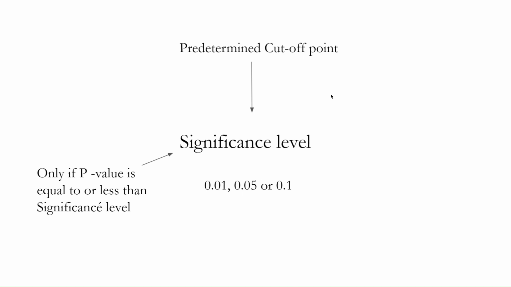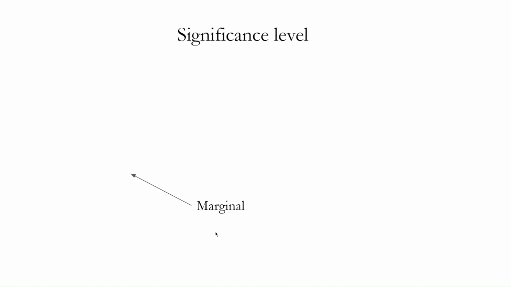Of course, another thing to note is that you have to consider what is marginal. You call it marginal when, let's say this is your p-value 0.049 and this is the significance level of 0.05. They're very similar, it's basically 0.001 lower. You can technically reject it, but usually it's better to say that it's marginal and not do anything about it.